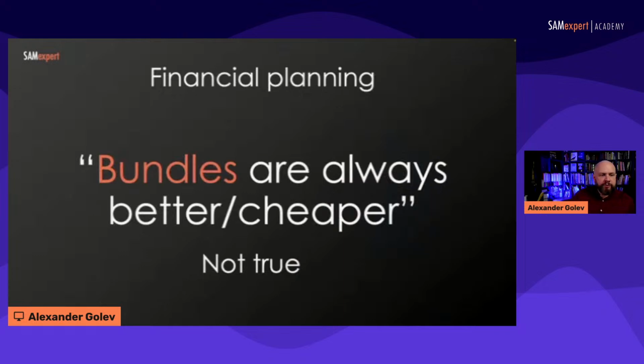Another thing about cost management, which is more strategic, is obviously Microsoft and Microsoft salespeople, they will try and convince you that bundles are always easier, better, cheaper. Just buy a bundle. Don't bother about details. And by the way, they're trying to also manipulate the price list because they removed some of the components that used to be available a few years ago as separate components, and they were quite popular.